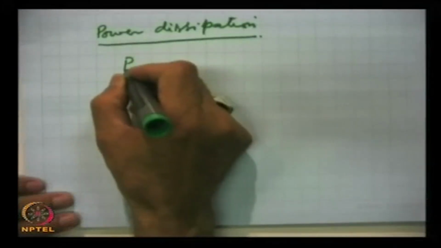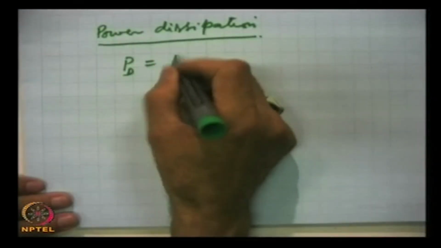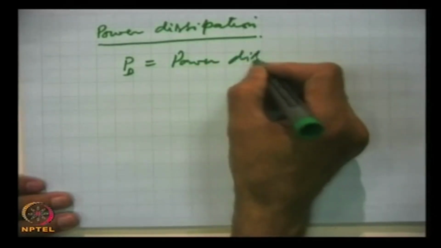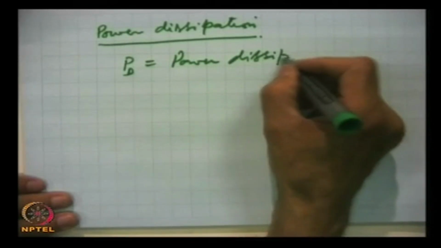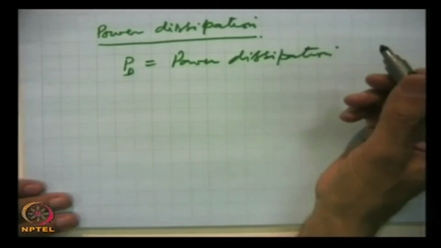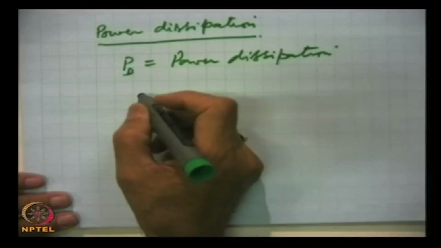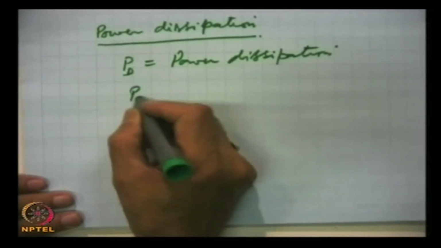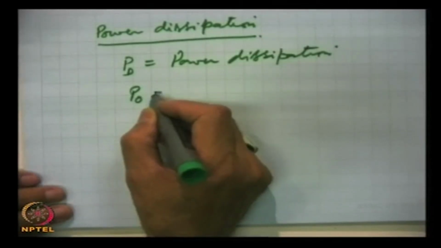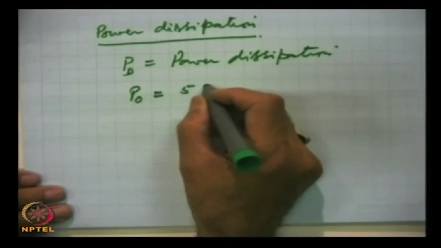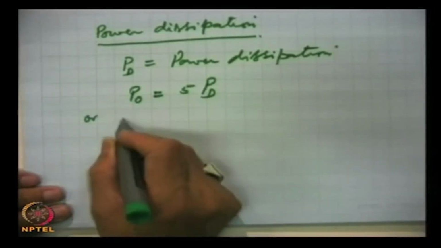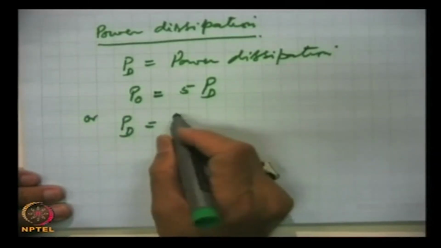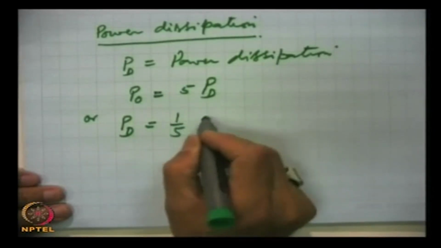In class B operation, this power dissipation is very small. The power dissipation PD is 1/5 of PO. Output power is 5 times PD, or PD is 1/5 of PO.